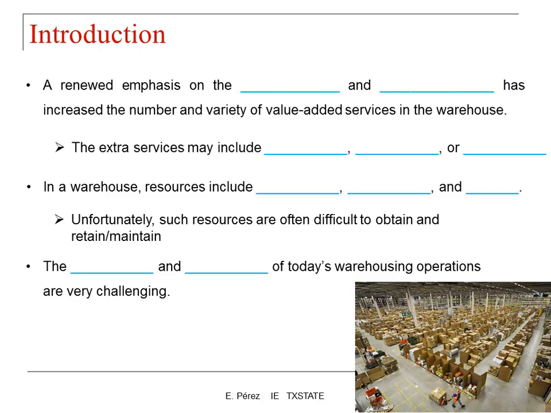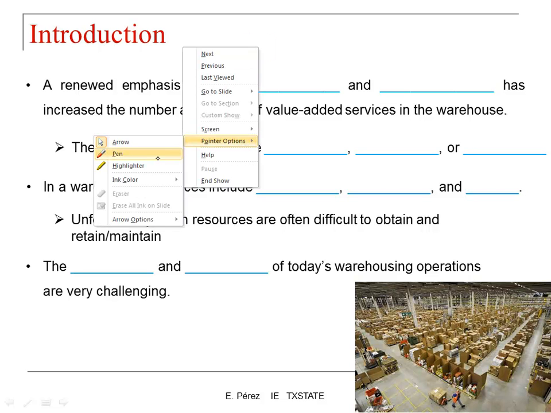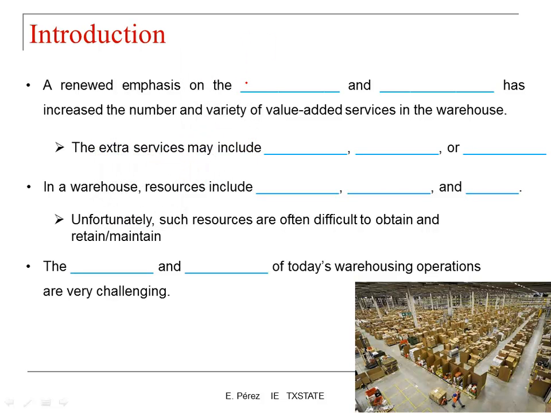So the renewed emphasis on the supply chain, and all of you should be familiar with what the supply chain is. We discussed that in class. We spent one lecture explaining what the supply chain is and how it affected facilities planning.